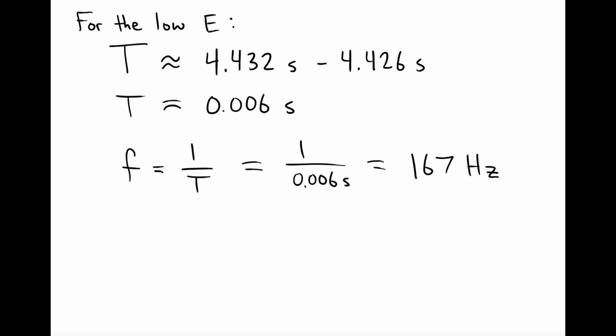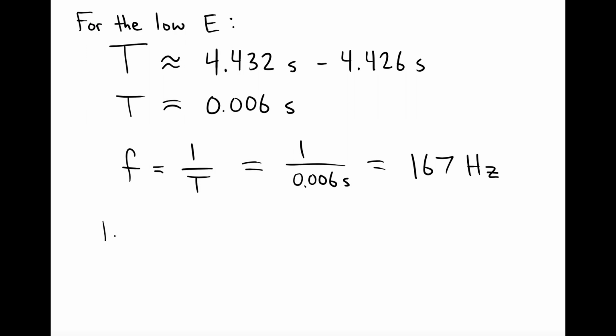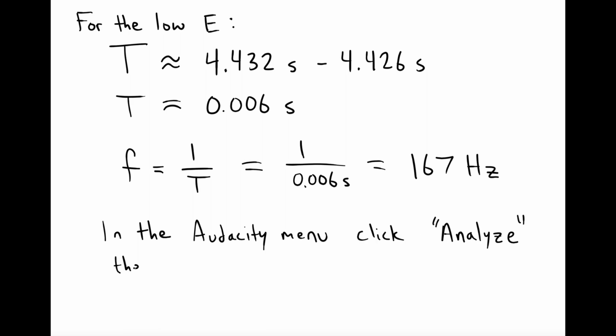So just to have a little more confidence in that answer, let's go back to Audacity. What we can view is a fast Fourier transform graph. You have to hit Analyze in the menu and then click Plot Spectrum.